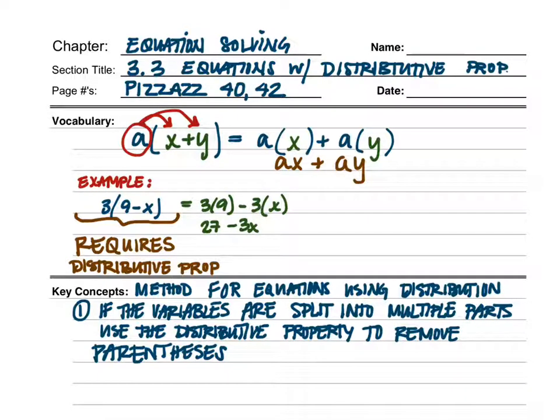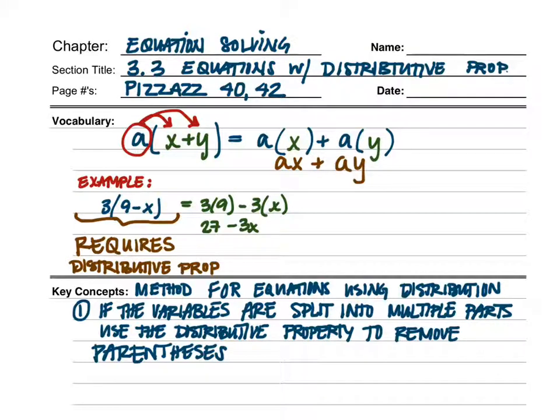So make sure that when you see variables and when we're equation solving, if there is an opportunity to distribute, in this case, if we have variables that are split, maybe some terms that are inside the parentheses and some that have terms outside the parentheses, that's when we're going to want to use this distribution.